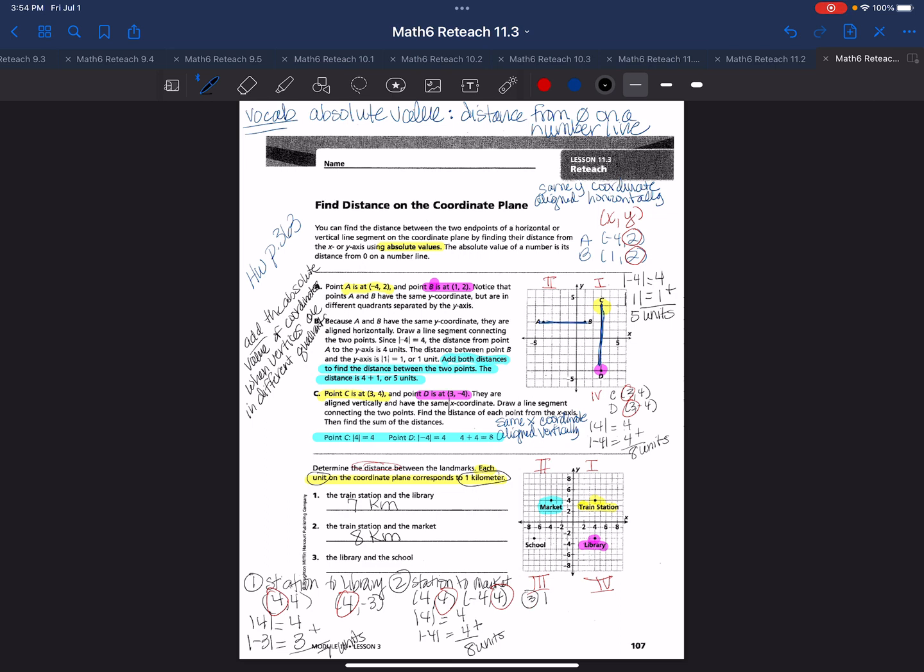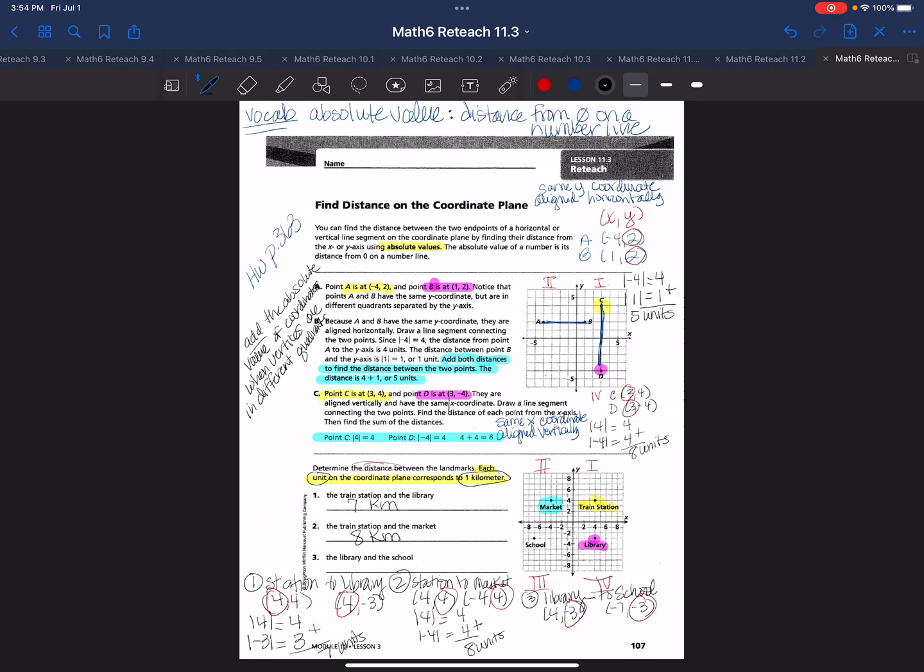Question 3, we have the library to the school. We need to find that distance. So the coordinates of the library is 4, -3, and the coordinates for the school is -7, -3. What do they have in common? They have the y value in common.